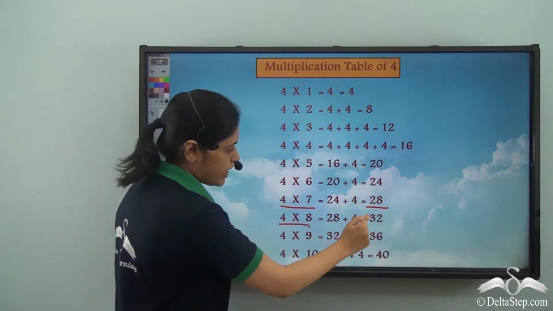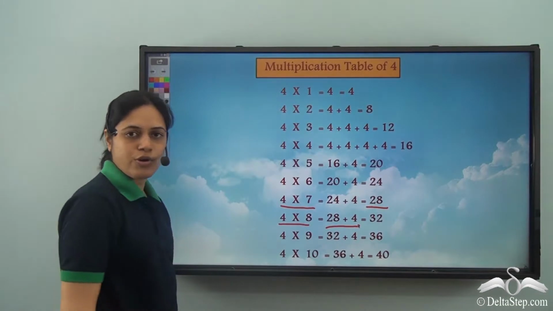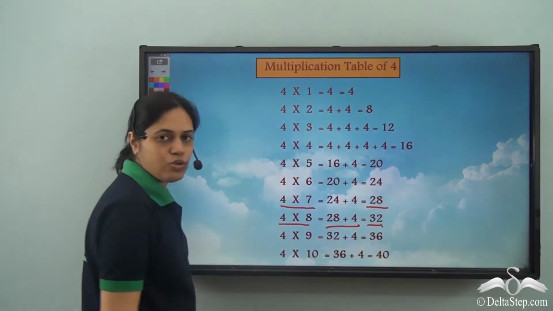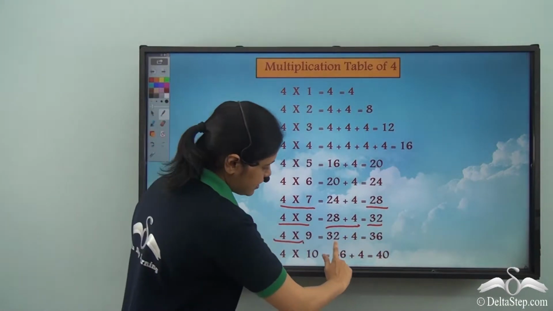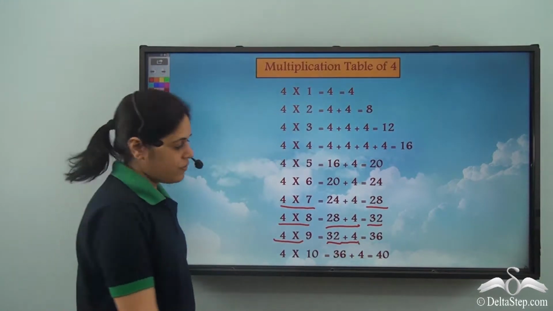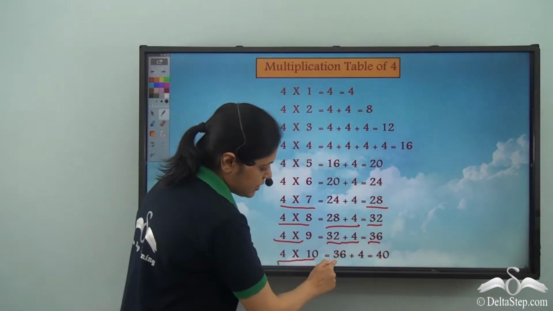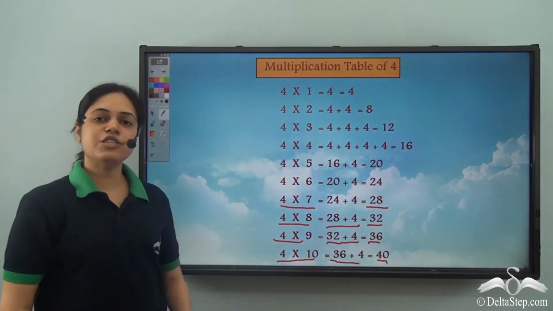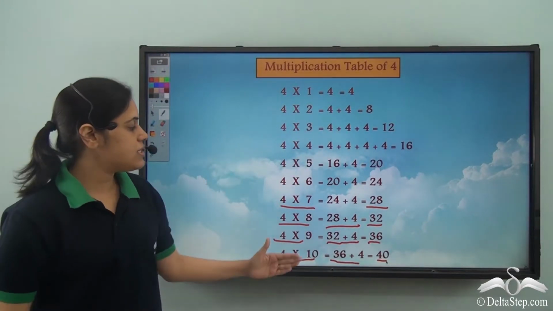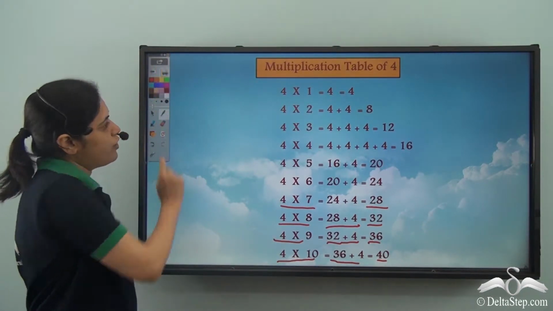Similarly, 4 into 8 is 28 plus 4, which gives us 32. 4 into 9 is 32 plus 4, which is 36. And 4 into 10 is 36 plus 4, which is 40. So this is the multiplication table of 4.